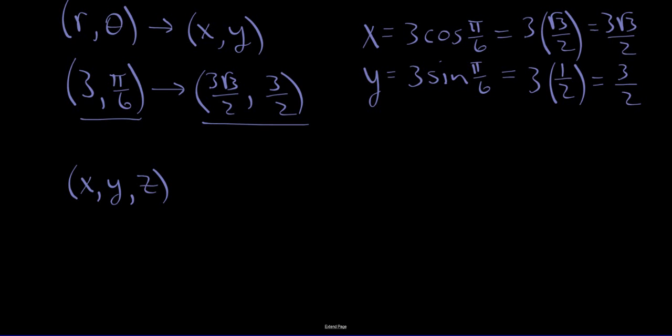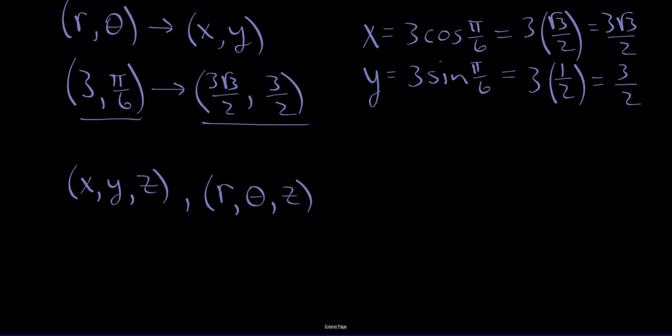It gives us the r and the theta, but we need a little more than that. So what we need is r, theta, and then we need to put in the z as well. So with rectangular, we have x, y, and z, and with cylindrical, we have r, theta, and z. And of course, z is equal to z. So that's the other relationship that we need to be aware of, that z is equal to z.